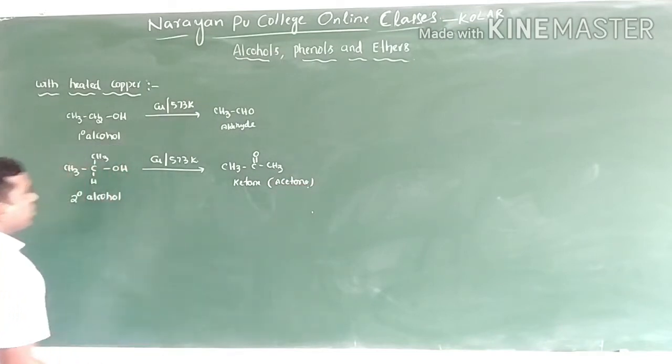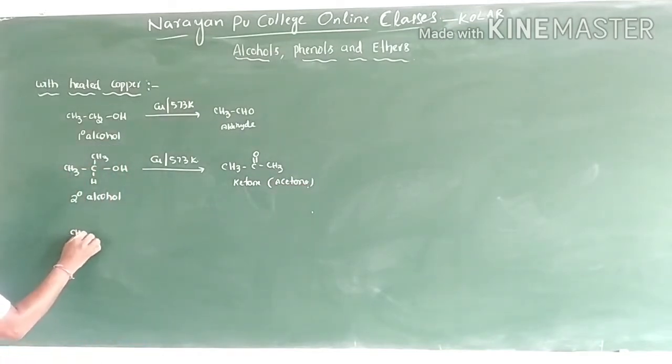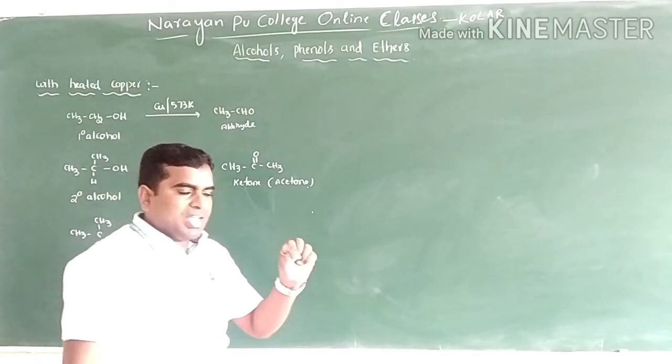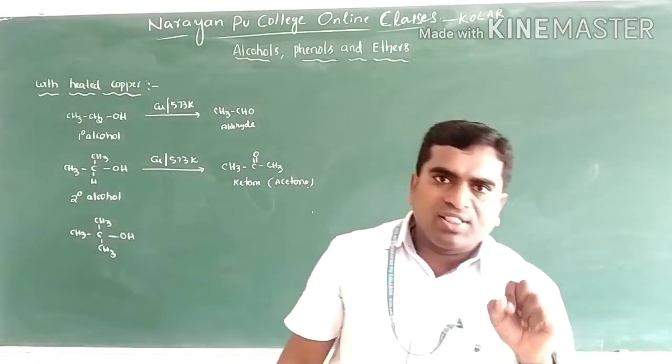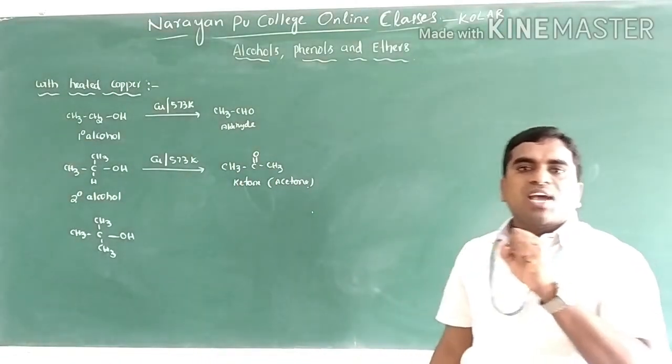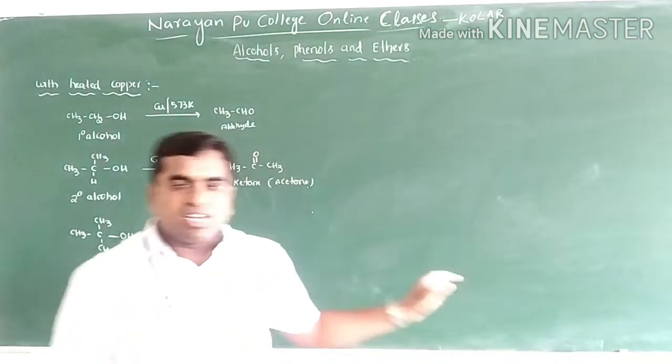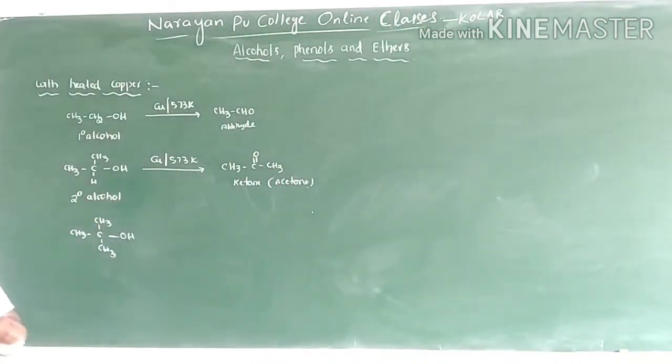Okay? And the third one is CH3OH, a tertiary alcohol. Tertiary alcohols are involved in oxidation with very strong oxidizing agents only. With mild oxidizing agents, a tertiary alcohol will not undergo any oxidation.